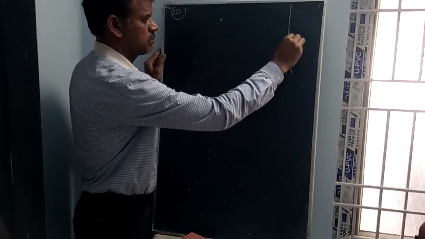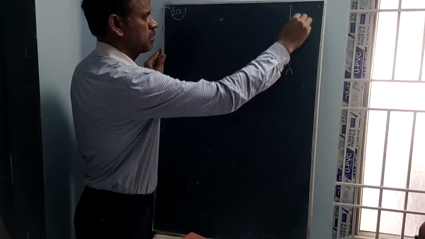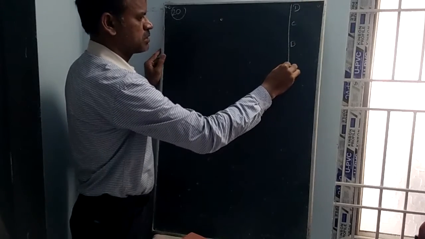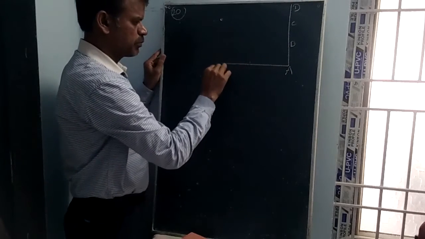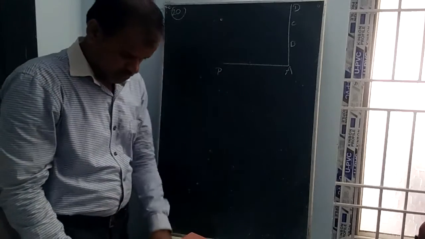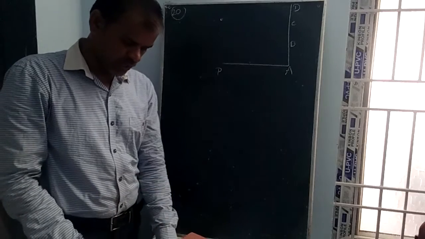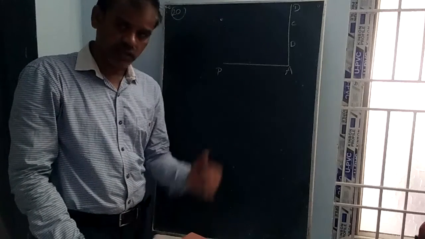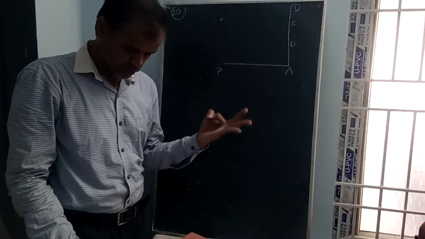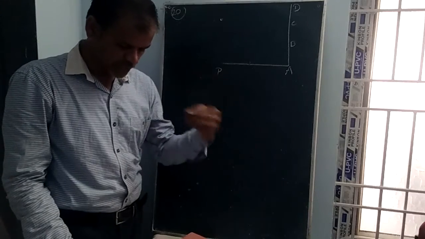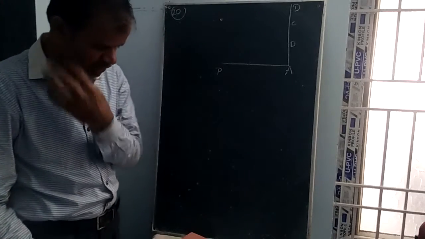This is A, B, C, D. A tower ABCD stands on a level ground with foot A at a point P on the ground. The portions AB, AC, AD subtend angles alpha, beta, gamma respectively.